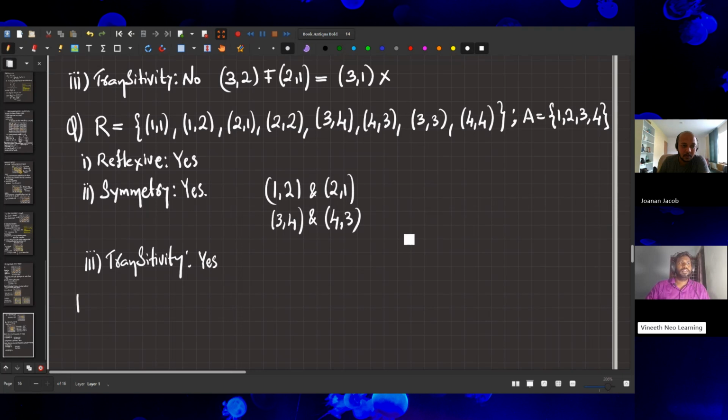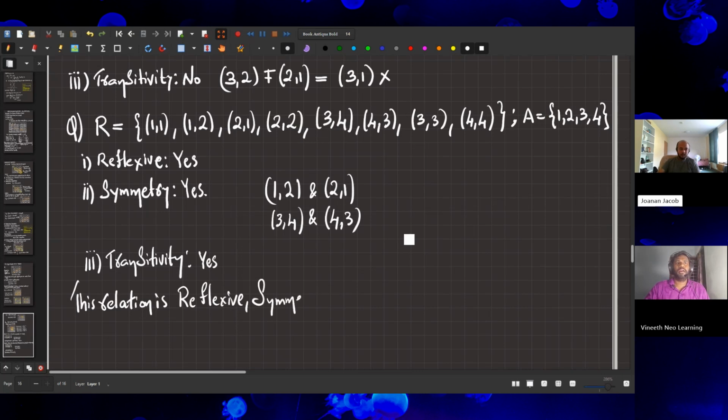This relation is reflexive, symmetric, and transitive.